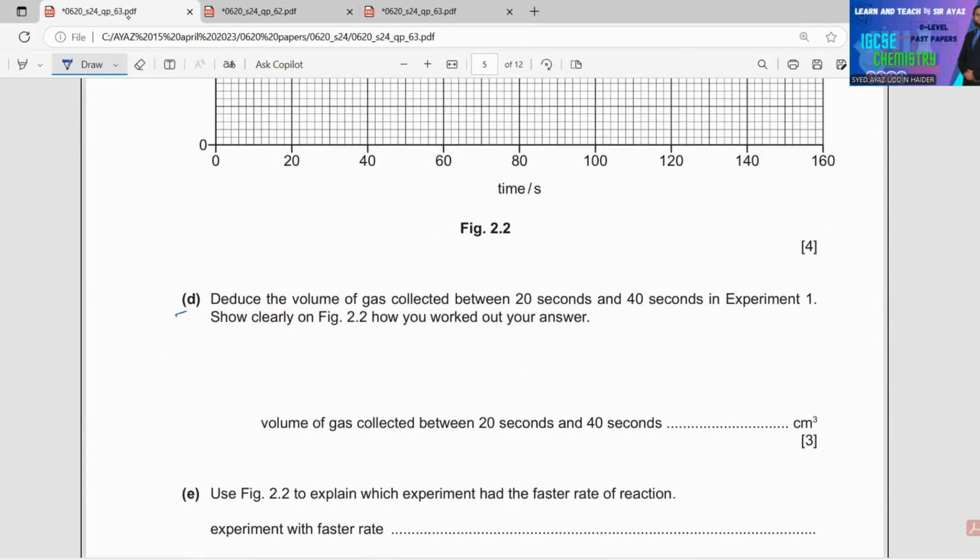D. Reduce the volume of gas collected between 20 seconds and 40 seconds in experiment 1. Show clearly on figure 2.2 how you worked out your answers.